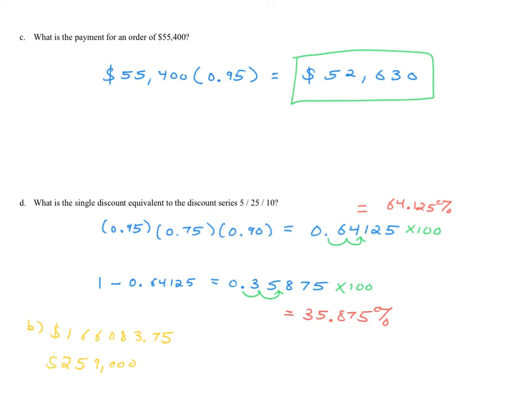If you divide those two numbers, it should tell you the percent that they paid in total. I did the top number divided by the bottom, and I got 0.64125. So this percent makes sense. It tells you what fraction you actually paid of this amount, which corresponds to this percentage. By taking this number from 1, we get the discount percent.